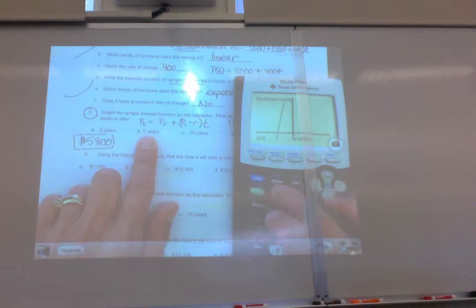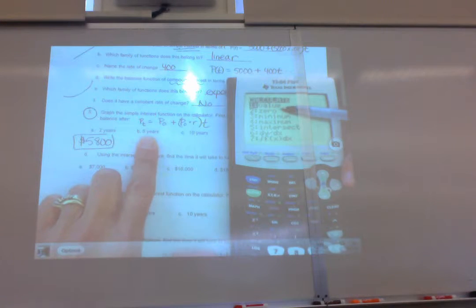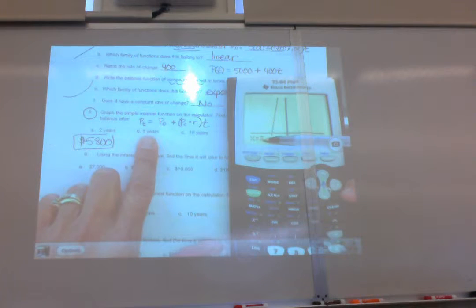We go again, second calc. That gets us to the value function. Push enter. I'm back to having a blinky X. Oscar, what am I going to put in this time? 5. Oscar, I'm on 5B.